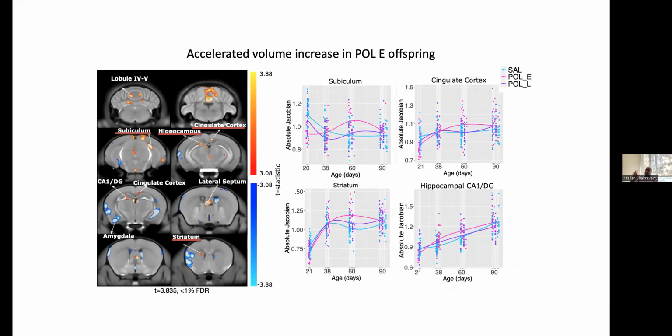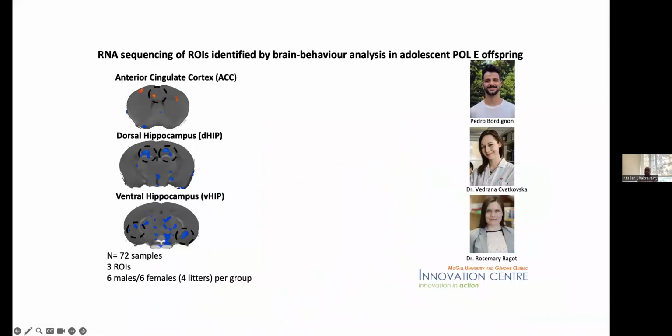So now, using this and some other multivariate methods where we connected some of these phenotypes, which were quite similar to patterns of brain and behavior, which I'm not going to show, what we were able to do was then examine some of these regions as they relate to the transcriptomic profile of some of these regions, sorry. And we did this in collaboration with Rose Baggett, her postdoc Vedrana, and Pedro Bourguignon, who used to be a research assistant in that lab.